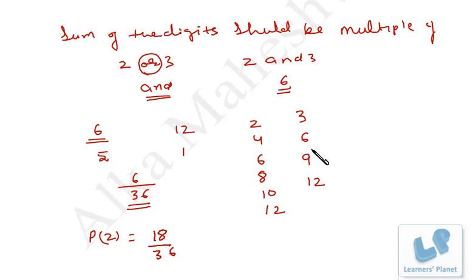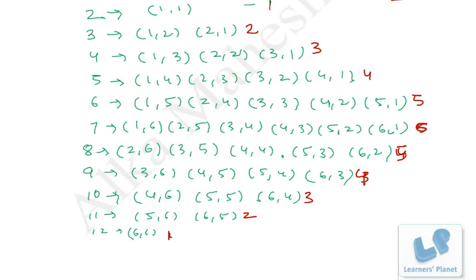Now I take the probability of the sum to be 3. So here I am going to find out the combinations where the sum is 3, 6, 9 and 12. So for 3, I just see the table. So 3 is 2, then plus 5, 5 plus 2, 7, 7 plus 4, 11, 11 and 1, 12, right?